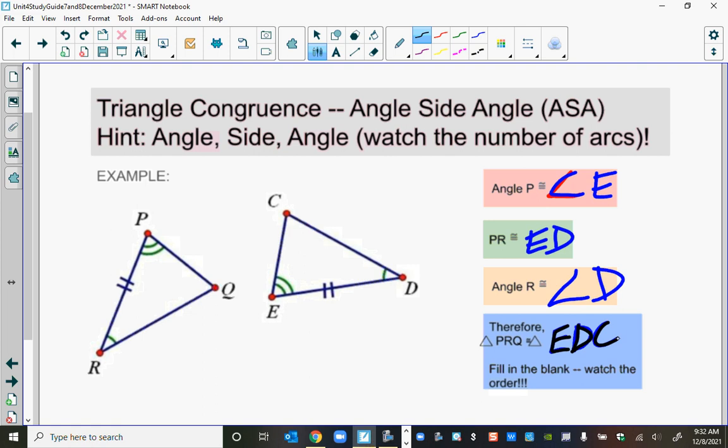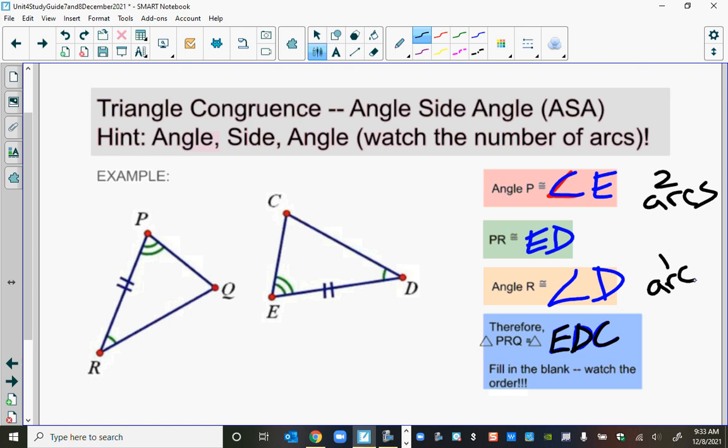Okay, reason why. P and E match up because they have how many arcs? 2. 2 arcs. 1 arc. Very good. All right, and then right away, and the next thing with the arcs, you know who's going to match up with who. P, that was first, E has to be first.